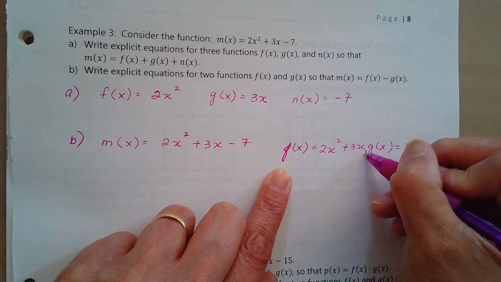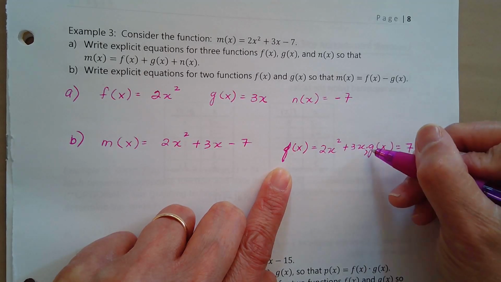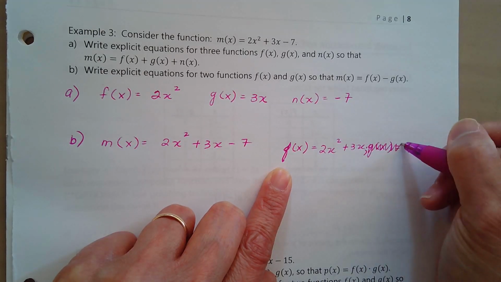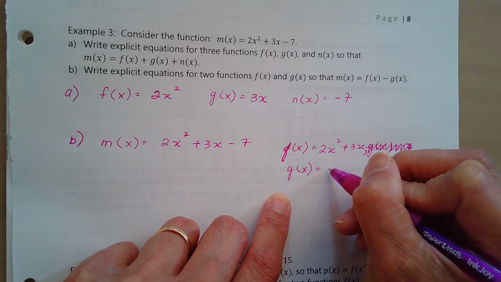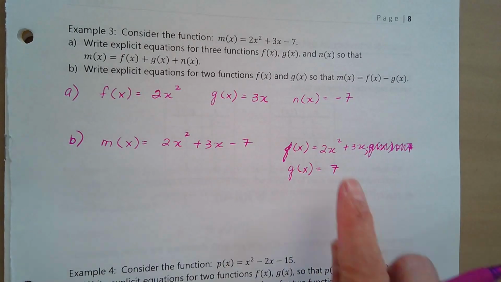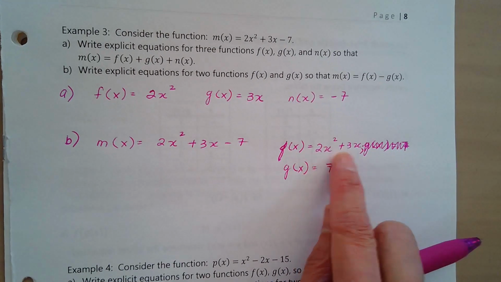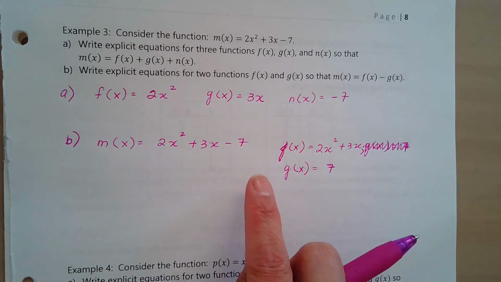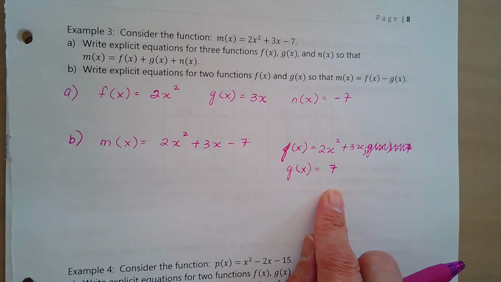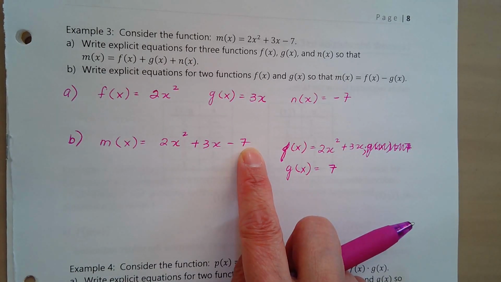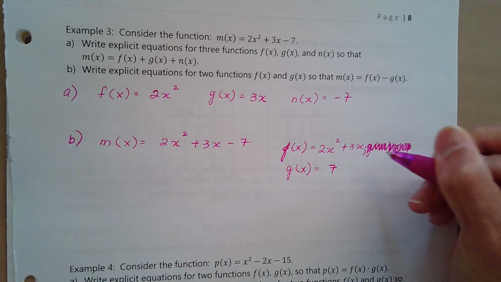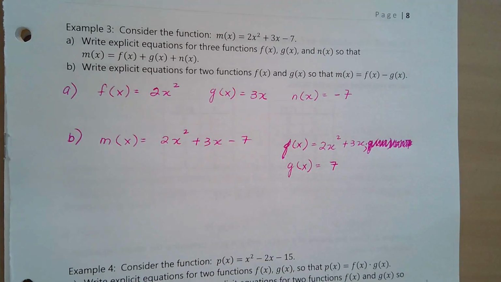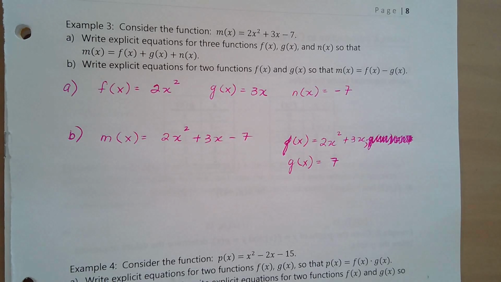Okay, I'm going to erase this part here because it's getting way too close. Right, so if you go 2x squared plus 3x minus a positive 7, it's going to give us a negative 7 over there. Yeah, that's right. There's probably many possibilities for this one, right?